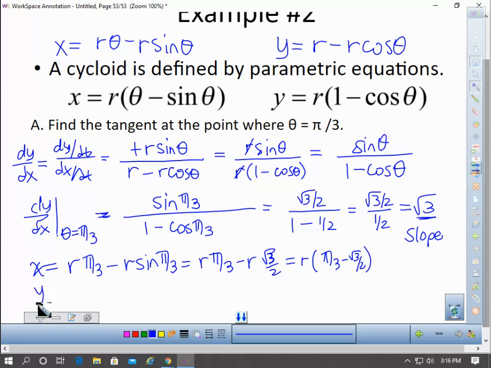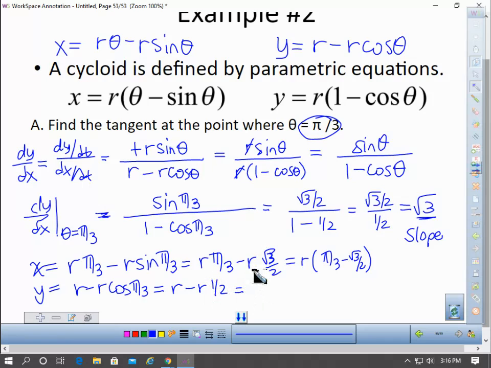Okay? Now we need our y coordinate. Our y value is putting in pi over 3 for the theta. So that's going to be r minus r cosine pi over 3. So that's going to be r minus r, and the cosine of pi over 3 is 1/2.